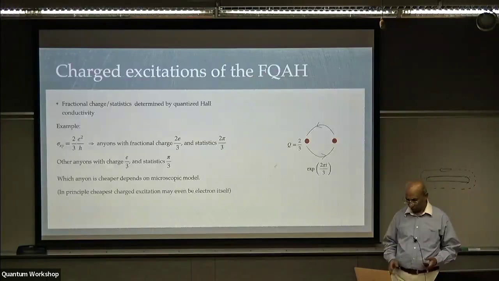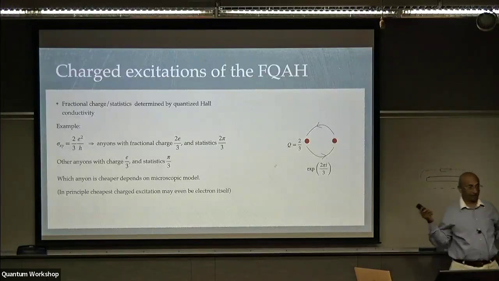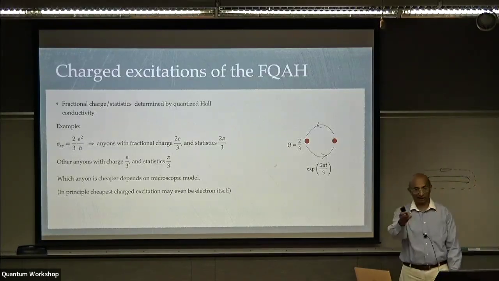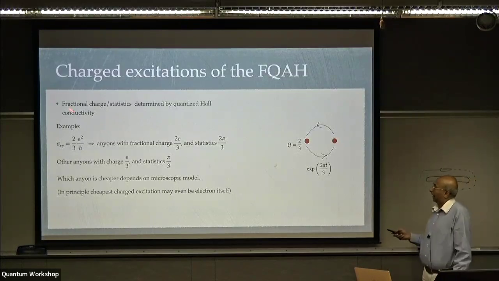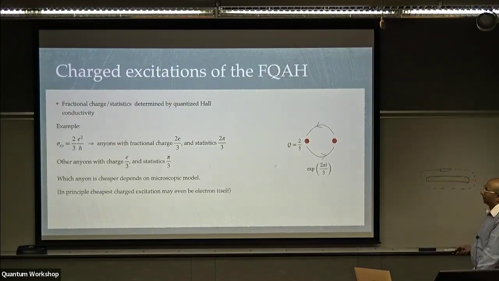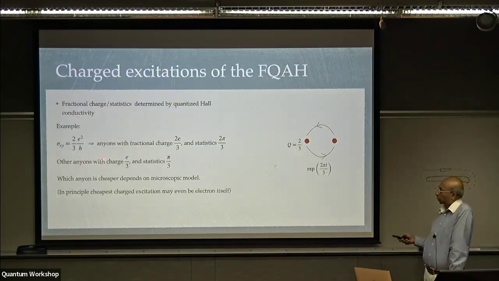Okay, so let's think now about the charged excitations of the fractional quantum anomalous Hall state. On general grounds, as Seth emphasized, we'll have fractional charge and fractional statistics for the excitations, and that's determined by the quantized Hall conductivity. There's at least one set of excitations. For instance, for the 2/3 state, these general arguments tell us that you'll have anyons with fractional charge 2e/3 and with statistics 2π/3.